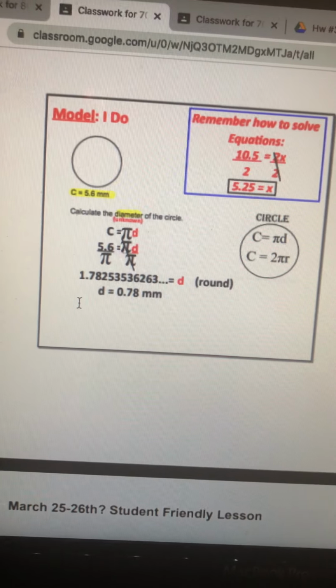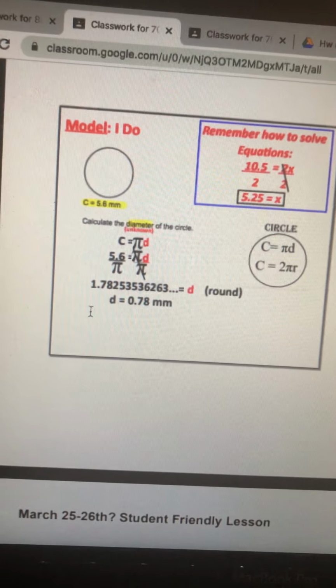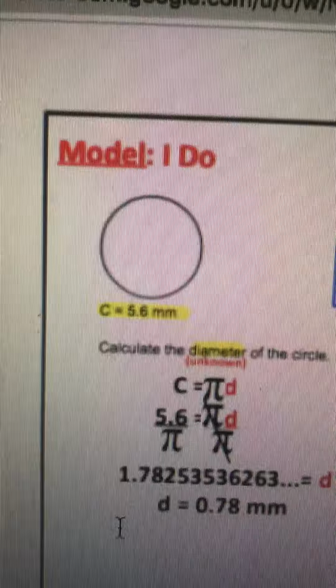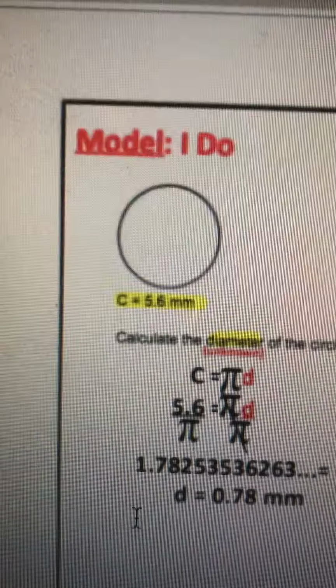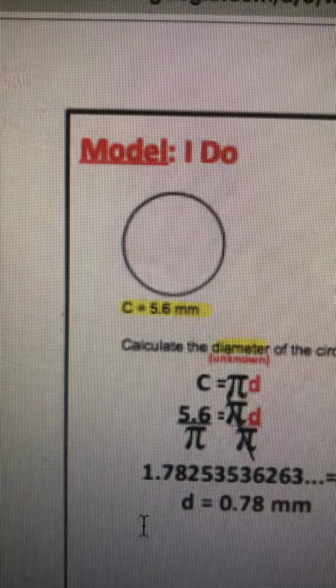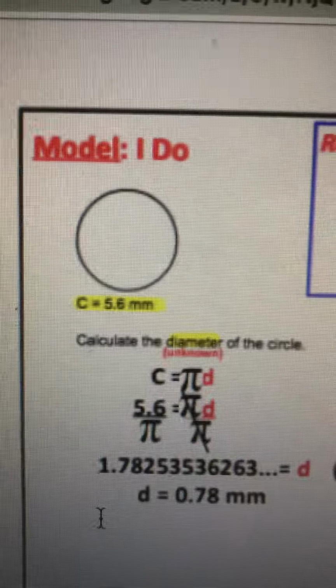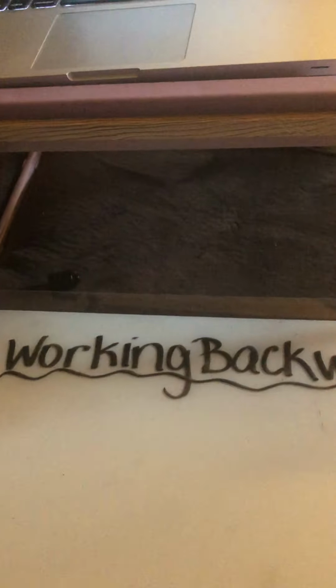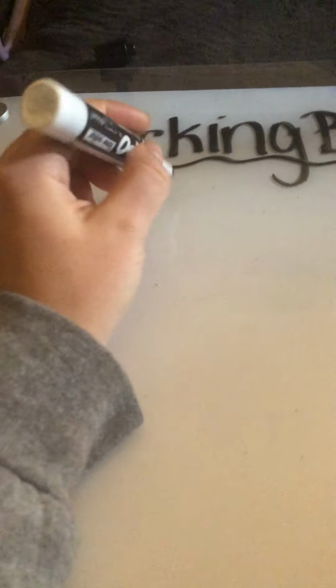So kind of similar to what we've already accomplished today, but instead of our circumference being in terms of pi, our circumference is going to be solved for us. So here they're giving us a circumference of 5.6 millimeters, and they're asking us to find the diameter. So if we look at this example, I'm going to write it on my board.